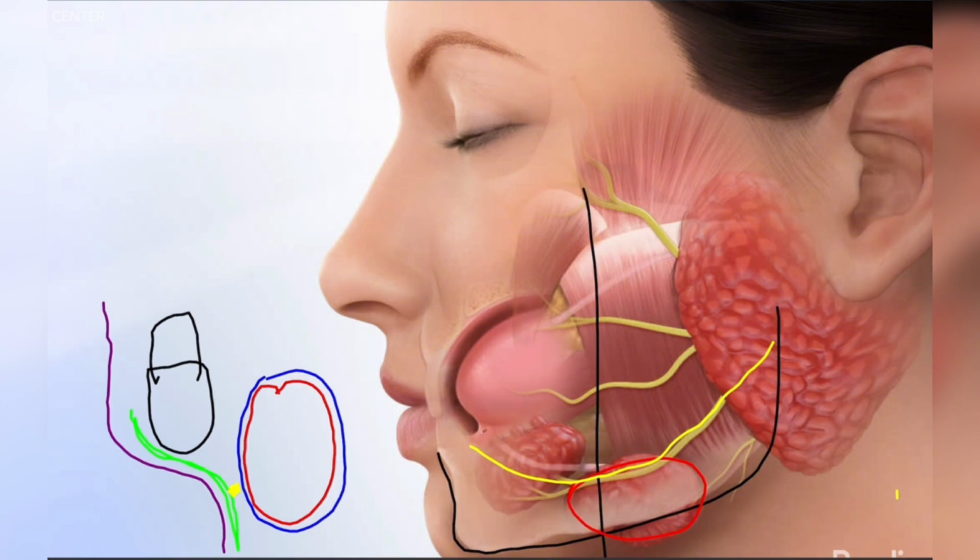So if you have a tumor in your submandibular gland that you need to remove, you approach it by making an incision in the lower neck, below the level where the nerve to the lower lip is, right? The incision is lower.